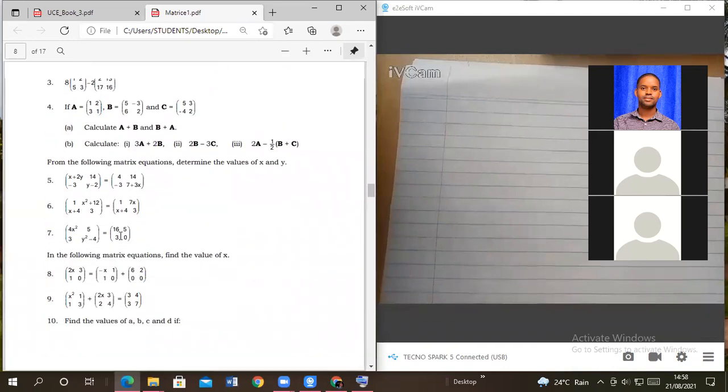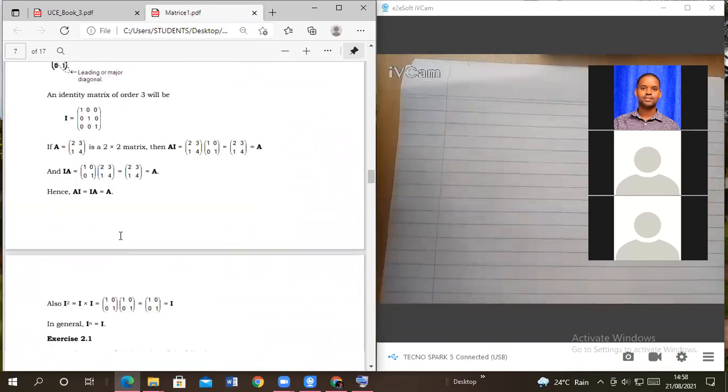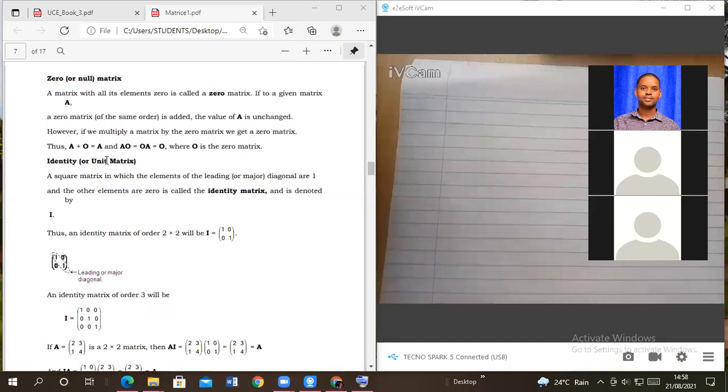And then before we get the exercise, let me first explain what we mean by a zero matrix, or what we call a null matrix, and an identity matrix. We shall get this identity matrix in details afterwards when it comes to solving simultaneous equations using matrix method.